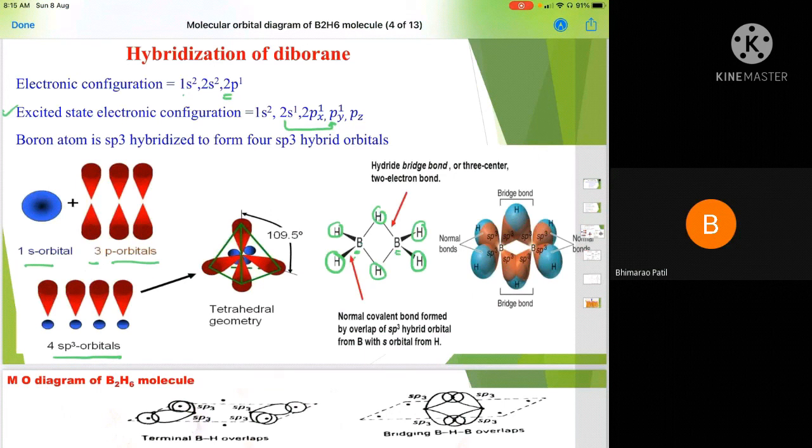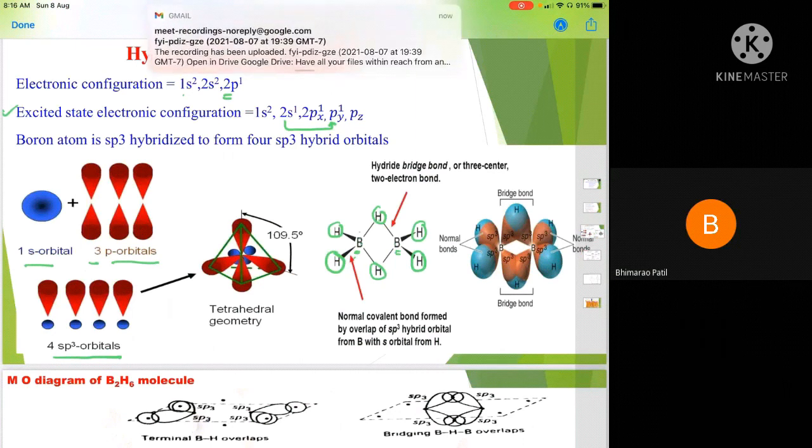How many bridging bonds are formed? Two. Then the sp3 hybrid orbital of one boron atom overlaps with the 1s atomic orbital of the hydrogen, and similarly that 1s atomic orbital overlaps with the sp3 hybrid orbital of the other boron atom to form the bridging bond.